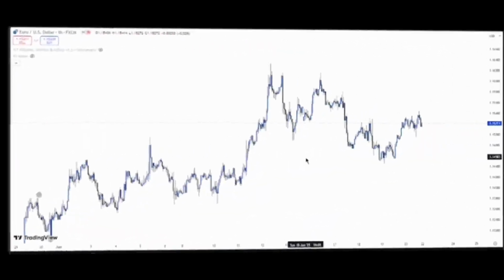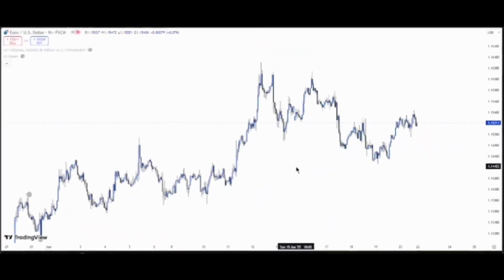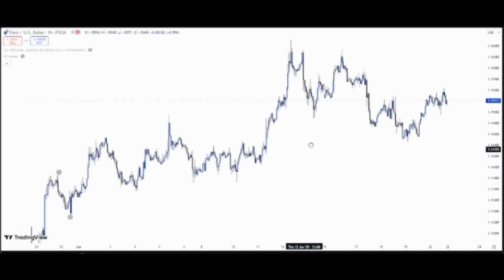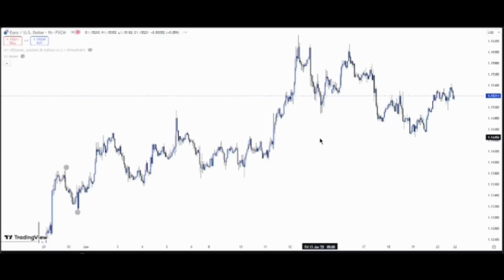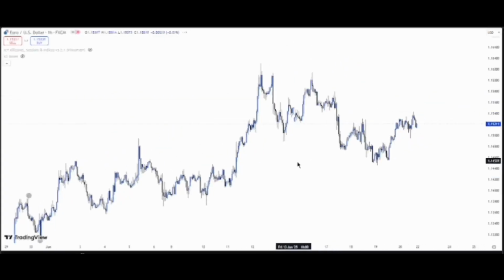Okay, so take a look at this. This is EURUSD 1H time frame. Now, as you can see, we are pretty much bullish. And what I want you to do, and always do when you get to your chart, is to mark the recent structures of the market.